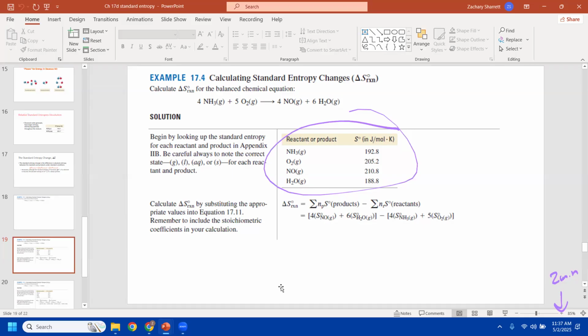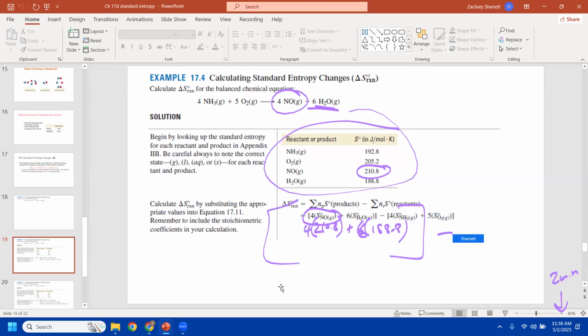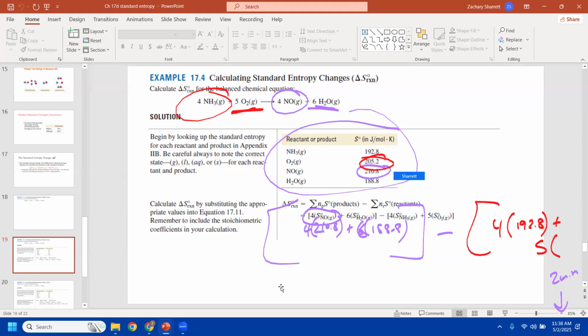In this case, what this equation means is because the products have 4 NOs, we're going to do 4 times the value of NO, so 4 times 210.8, plus 6 times water, 6 times 188.8, and we're going to put that in its own bracket, minus the reactants, 4 times 192.8, plus 5 times oxygen, so 5 times 205.